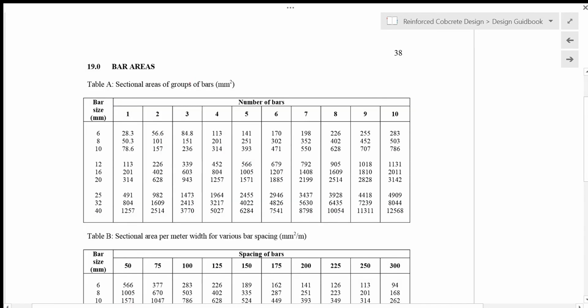Based on the required steel area of 2275 square millimeter and 25 mm bars, we see how many bars will give us the required steel area of 2275 square millimeter. So it is this value that gives us 5 numbers of 25 mm bars.